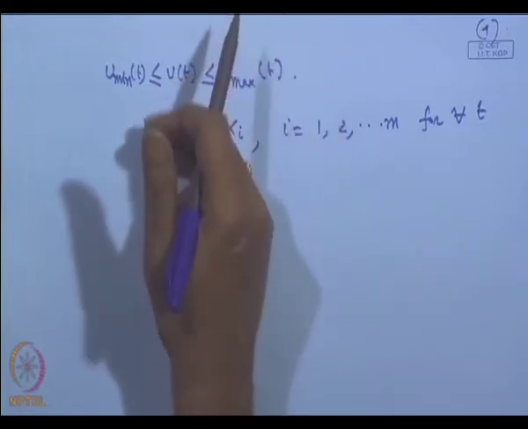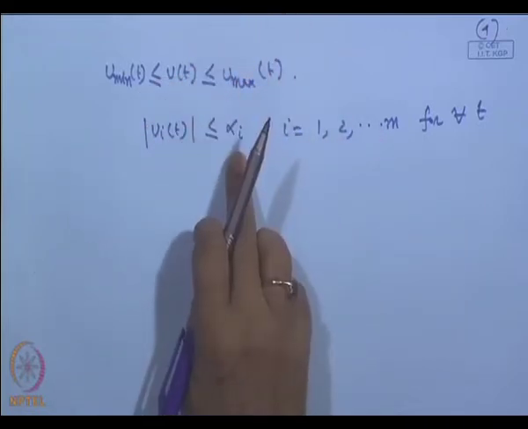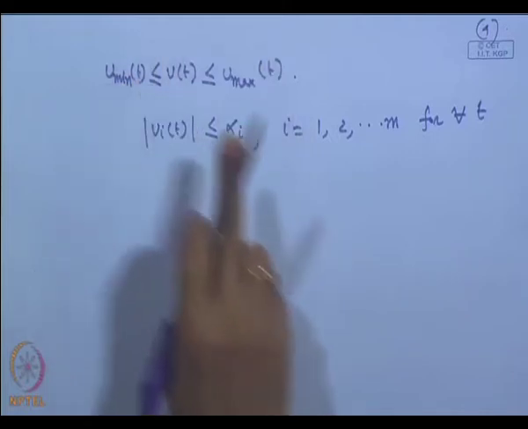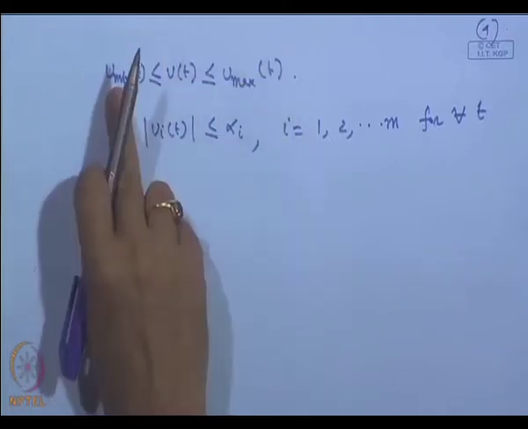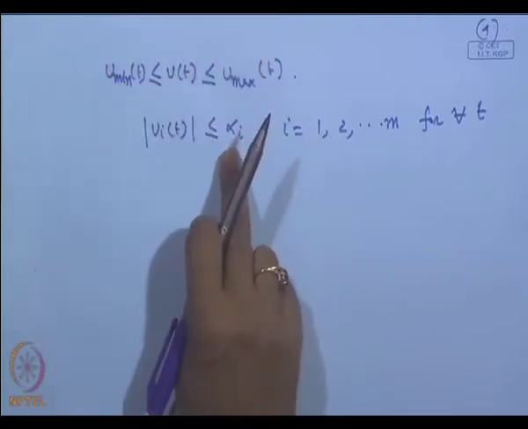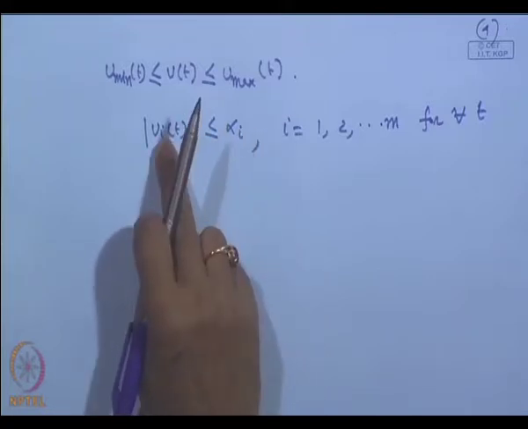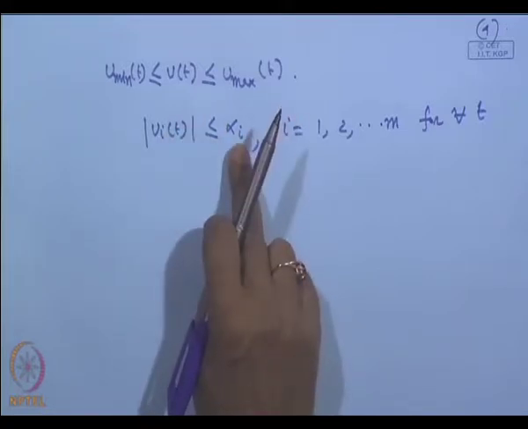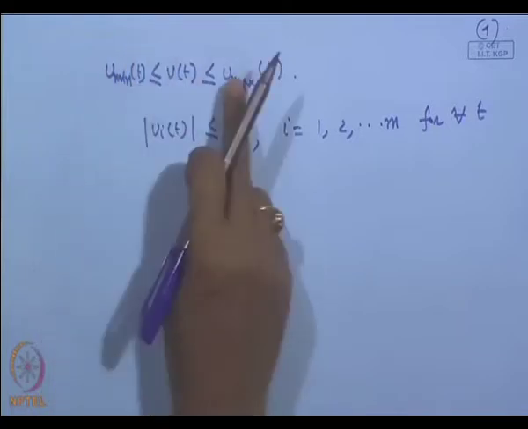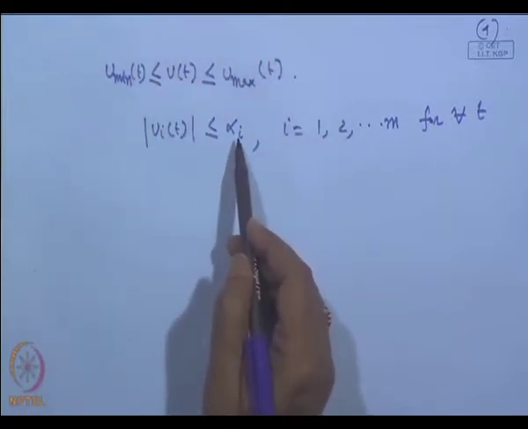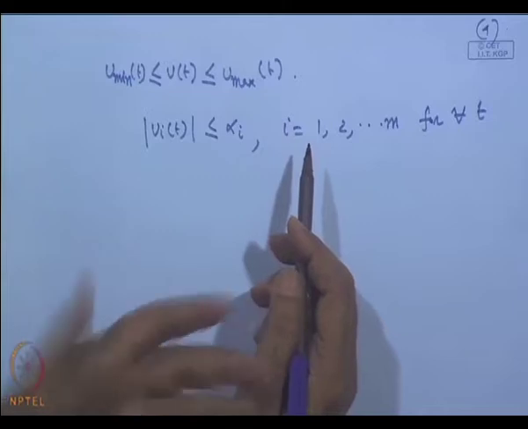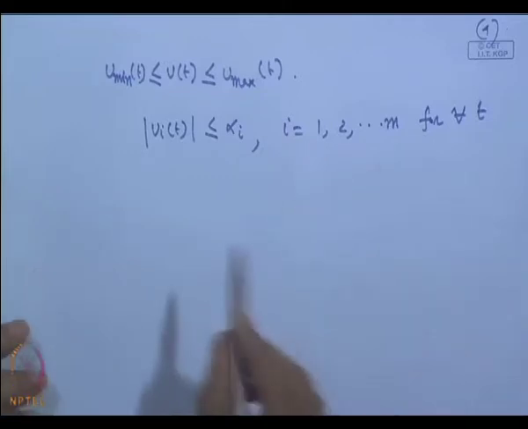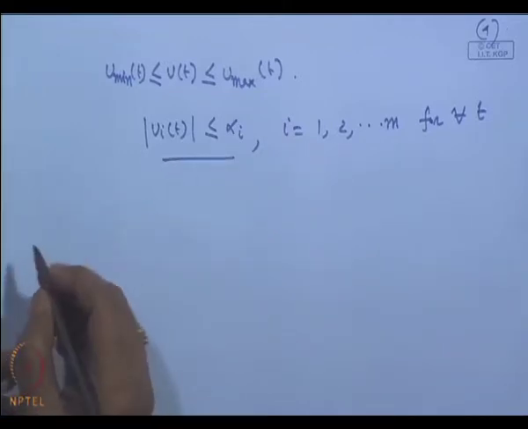So for different control inputs, if the upper bound and lower bound are the same in magnitude, that alpha i may be different. Suppose for control input one the bounds are plus and minus 10 volt, u 2 may be 5 volt, all these things. So, this is the thing.